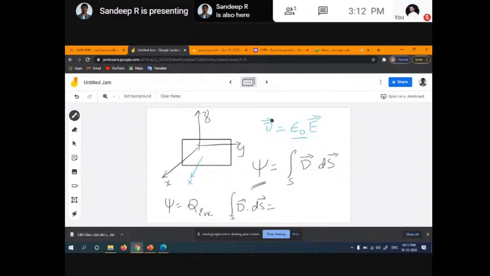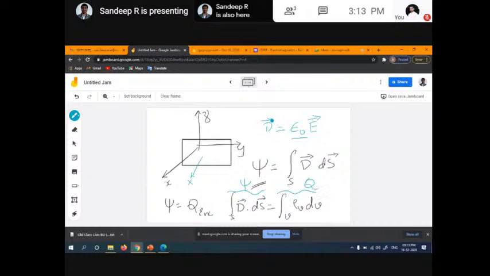Here we have seen how to determine the total charge if it is a line charge, surface charge, or volume charge. But the more generic form would be the volume charge, and I would write Q as the volume integral of rho v dv. Please remember, this equation seems complicated, but psi is the total flux and Q is the total charge.